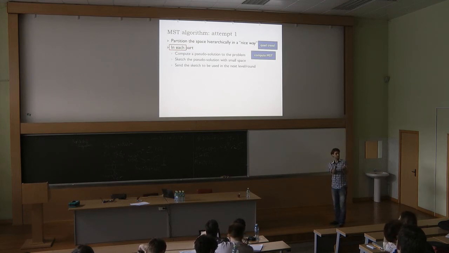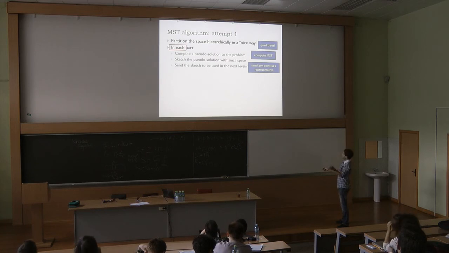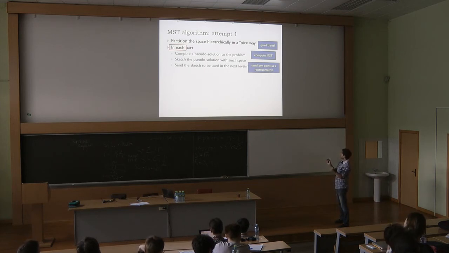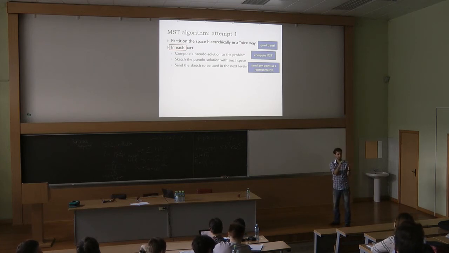We'll compute a minimum spanning tree on those points. Sounds reasonable, right? And the sketch of a pseudo solution will be just any point from this subset of the points on which we computed this MST.